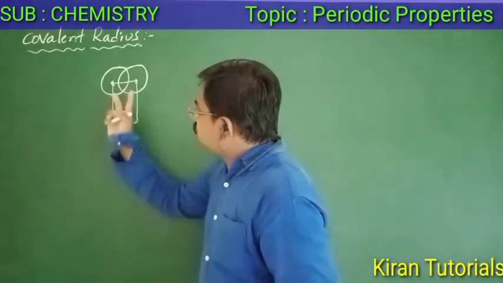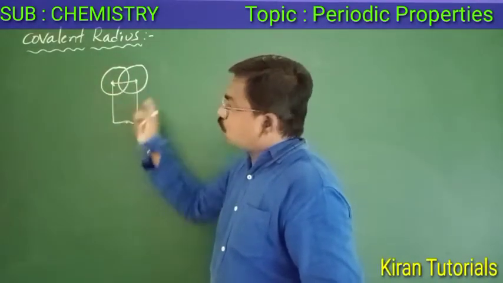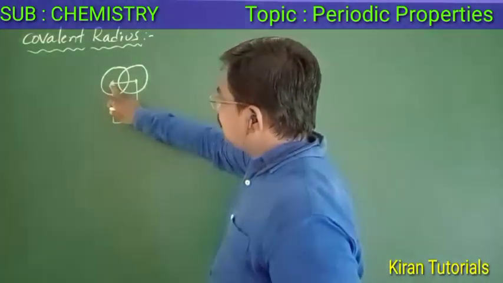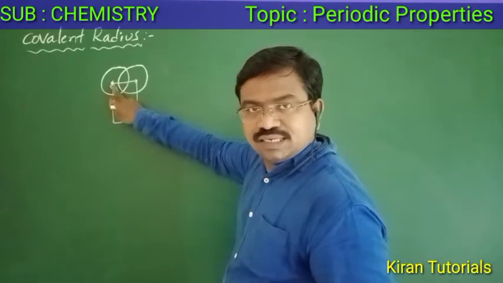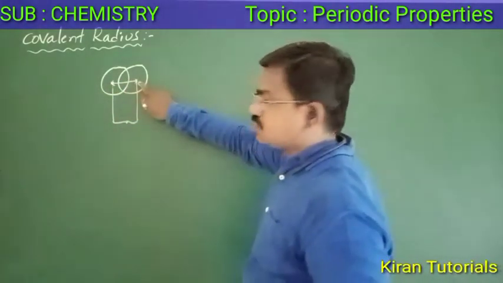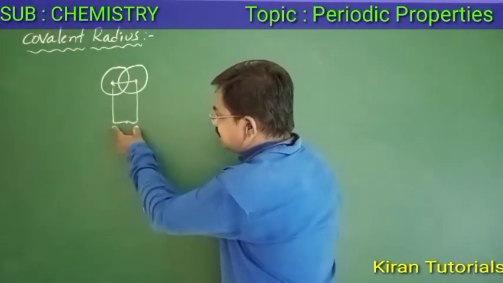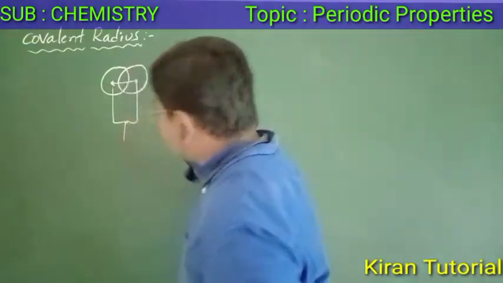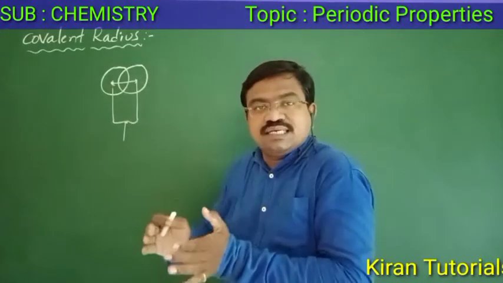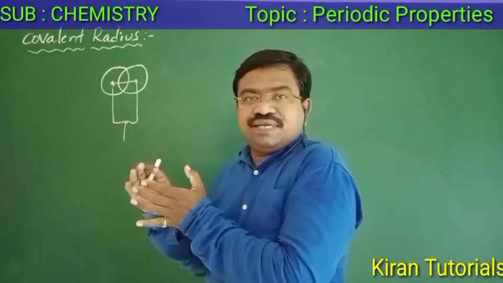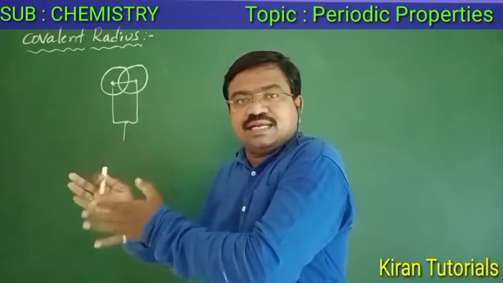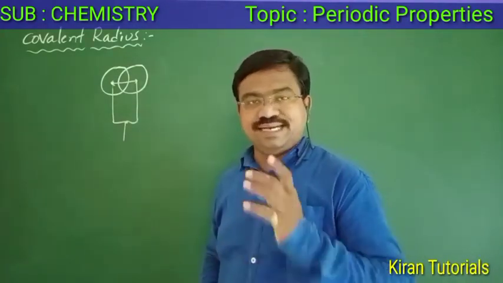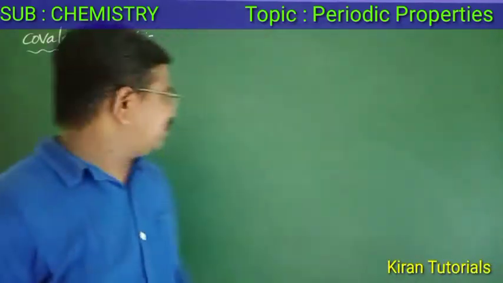Means these two atoms are involved in a covalent bond, and the center of each atom is called the nucleus, and this distance is half of the internuclear distance. So half of the internuclear distance between two atoms held by a covalent bond is called covalent radius.